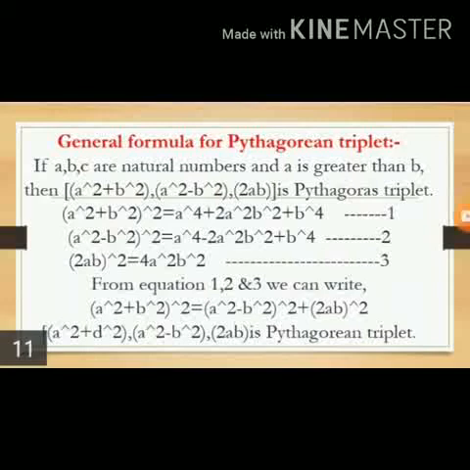That means a² + b², a² − b², and 2ab are the Pythagorean triplets.